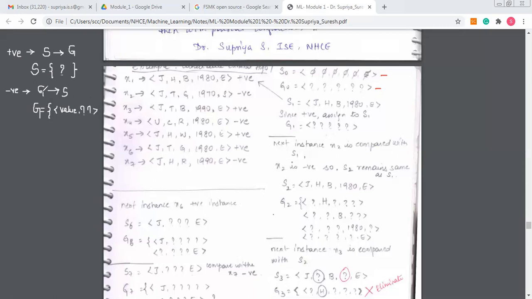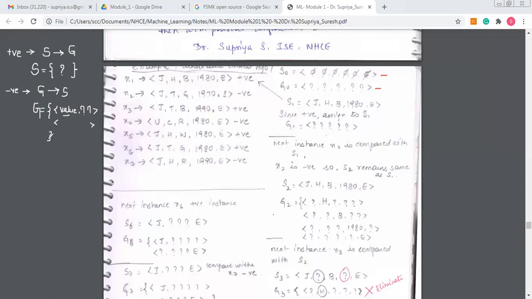Which means moving from generic to specific, taking the specific value and placing it, with all the others as question marks. The same thing repeats whenever I find a difference in the given instance. So this is your candidate elimination algorithm. And one more important step is to eliminate any inconsistencies present.